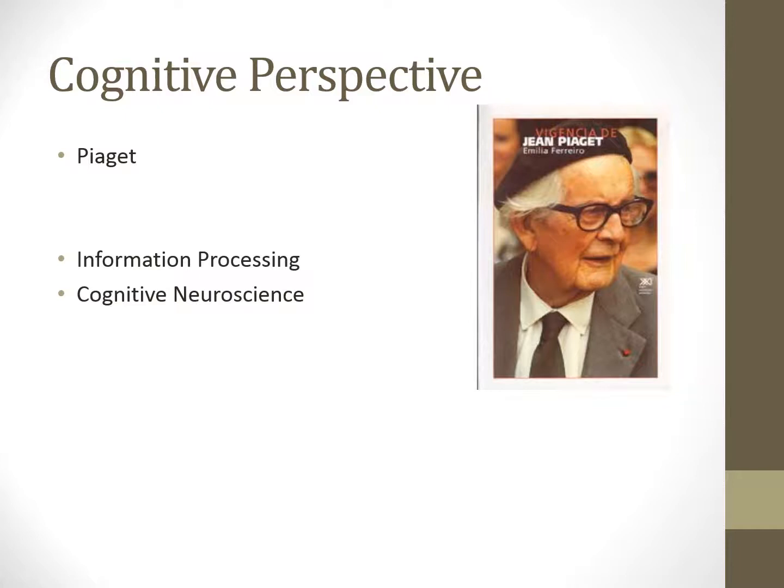The cognitive perspective includes Piaget, information processing, and cognitive neuroscience perspectives. We won't go into Piaget here, as we will be seeing a lot of Piaget in later chapters. But information processing compares human learning and memory with computers. It deals with how we take in, use, and store information.